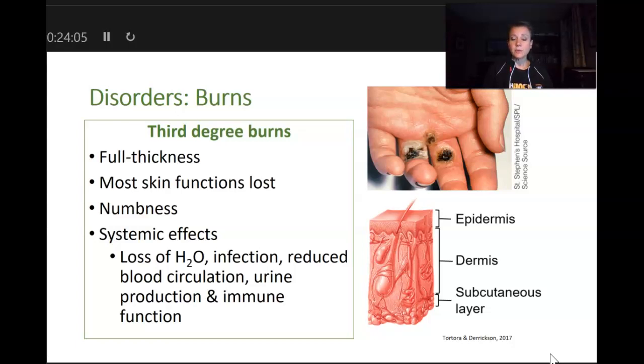And again, if the burn area is great enough and if fluid loss is great enough, then urine production will be affected, as well as immune function, because you've probably damaged a lot of the immune system cells. And then that's going to contribute to the risk of infection too, because not only have we lost our protective barrier between our bodies and the environment, but now the immune system cells that are involved in protecting us are also gone.